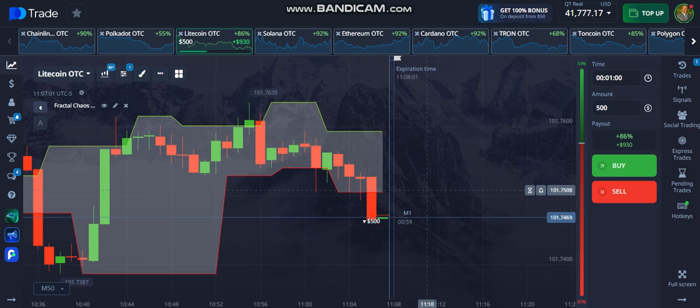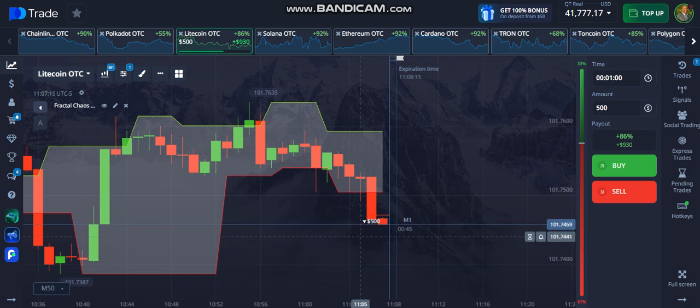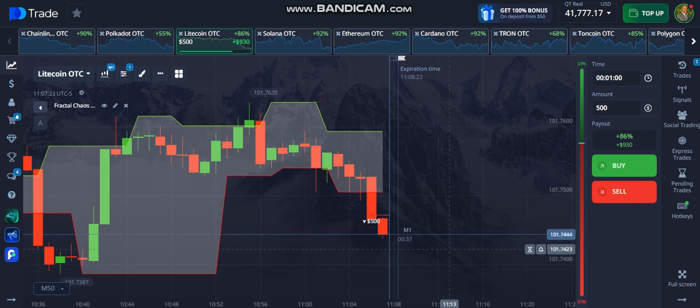So I went ahead and, okay, so the price did actually close outside the band line here. So I went ahead and took the sell trade. All right. So I didn't wait for the price to close. I just went ahead and took the trade, knowing that the price would close below the fractal chaos band line. So let's monitor this trade and wait for the expiry.